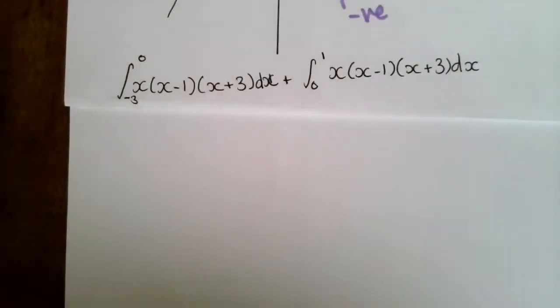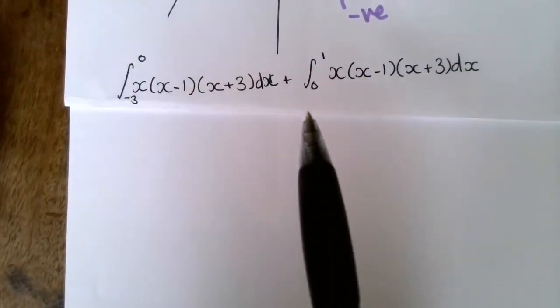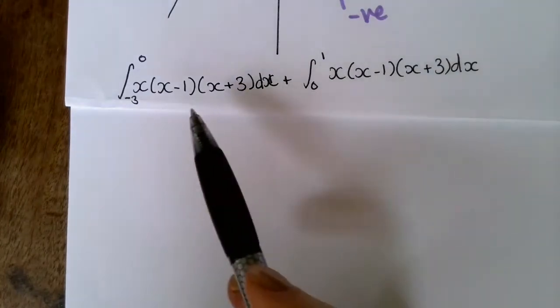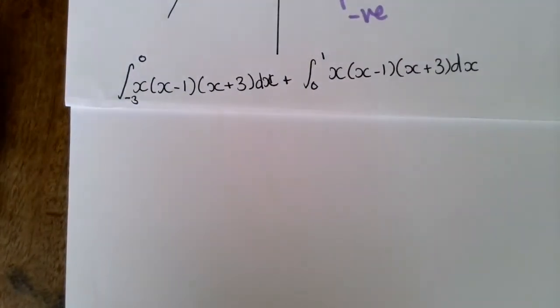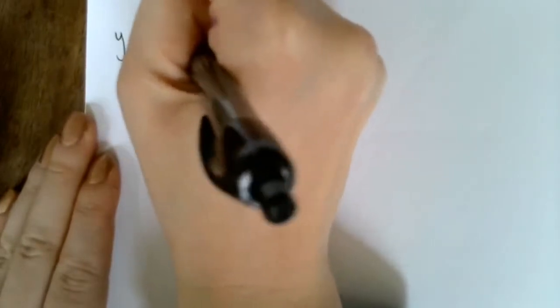Now, before we start integrating, we've got a factorised cubic here, so we can't integrate it term by term at the moment. We're going to have to expand those two brackets. So if we look at our cubic, we've got y equals x times (x minus 1) times (x plus 3).